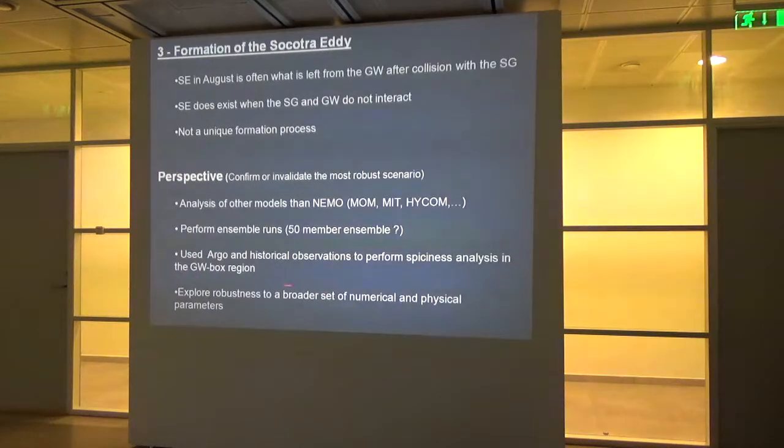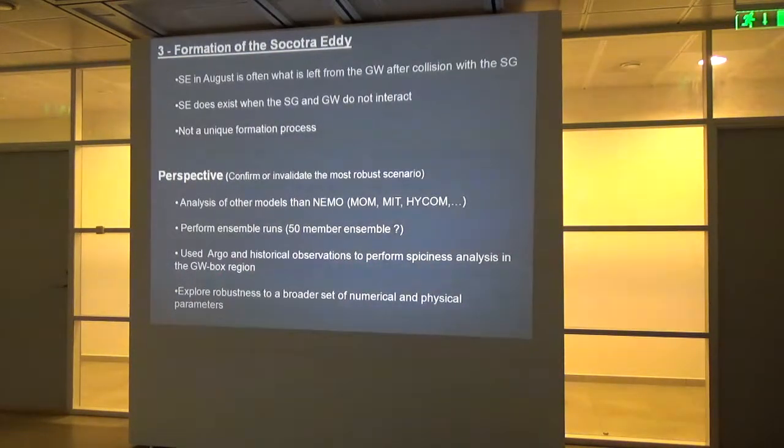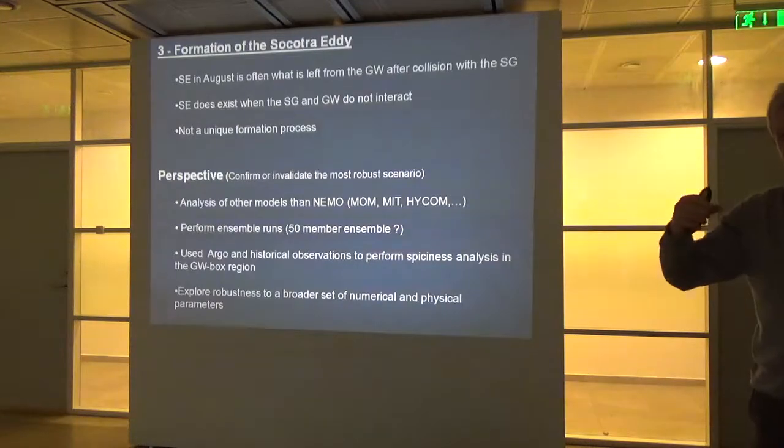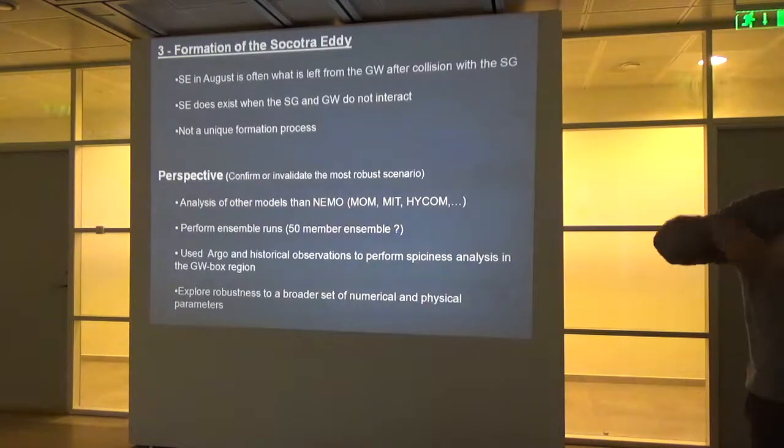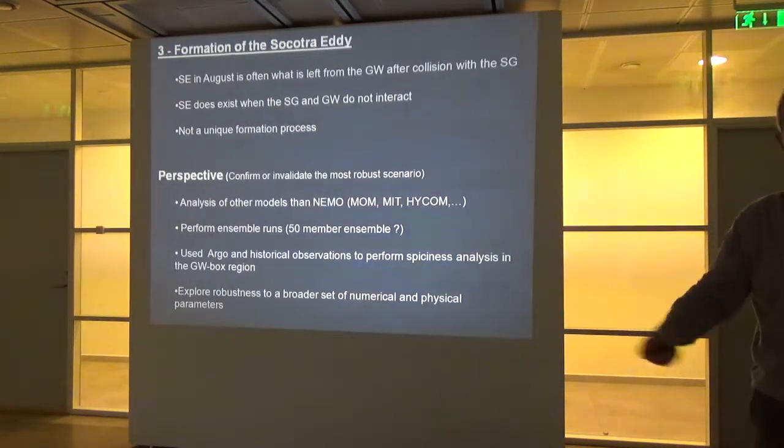Of course, we should try to go more in depth using Argo and historical observations to perform spiciness analysis in this box to see if we find this type of peaks. Because if we find similar peaks in the observations, we don't care about having a long time series. We could gather all the information of this area, make a distribution of spiciness, and see what we have.